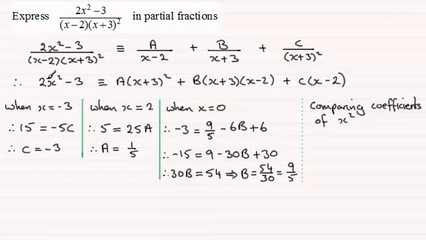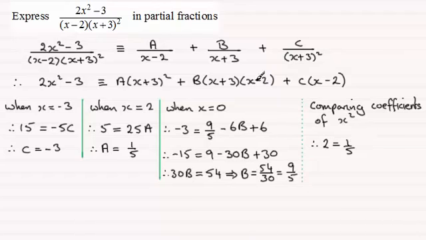We've got 2 here as the coefficient of x squared on the left here, so we've got therefore 2 equals, we're going to get an x squared term here when we expand the bracket, and so it'll be a times the x squared, which will just give us a. We know that a, though, is 1/5. So we've got 1/5 there.